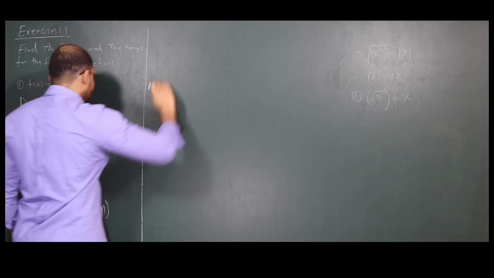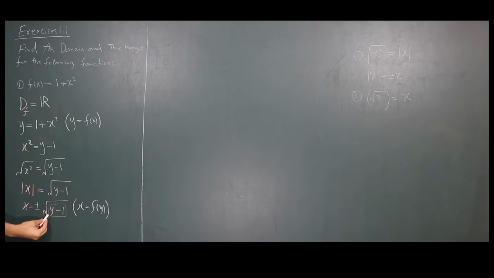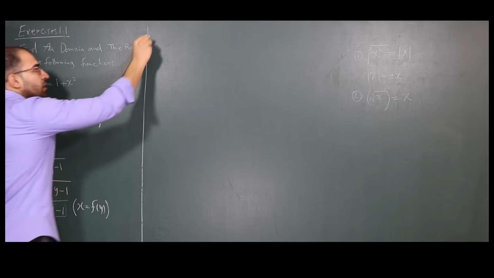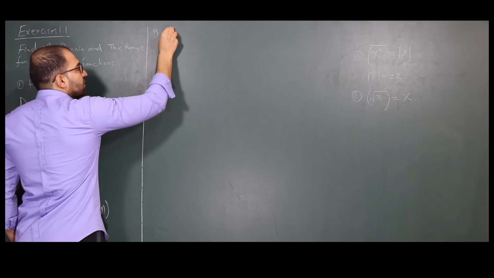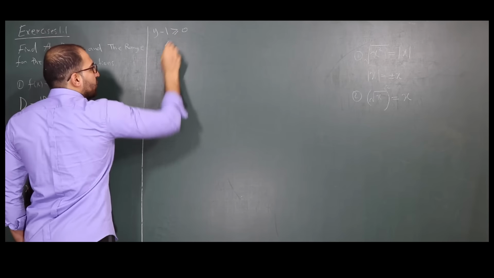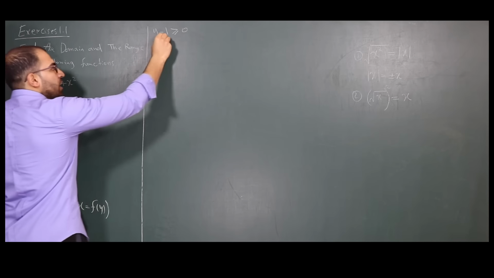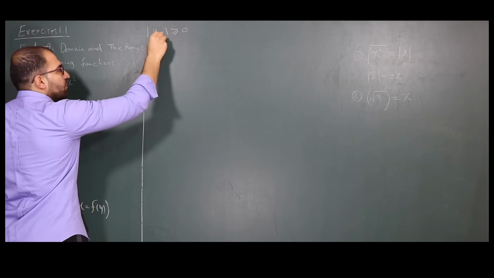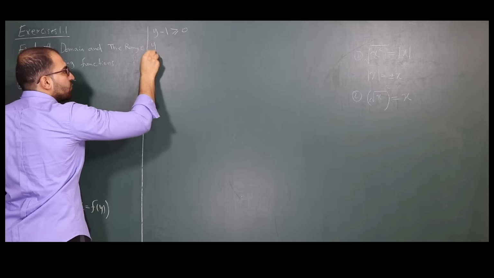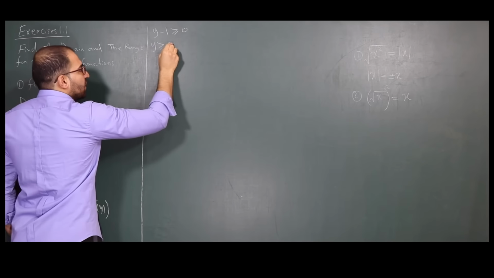Let me first solve and then I will construct the domain. So y minus 1, I will force it to be greater than or equal to 0, and I'm going to move the minus 1 to the other side. The result will be y greater than or equal to 1.